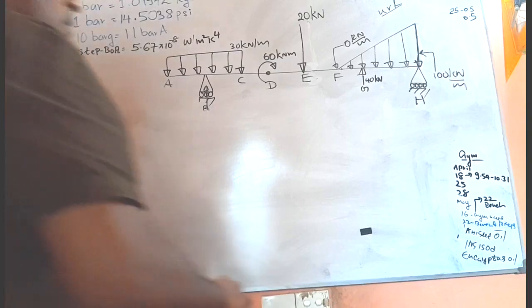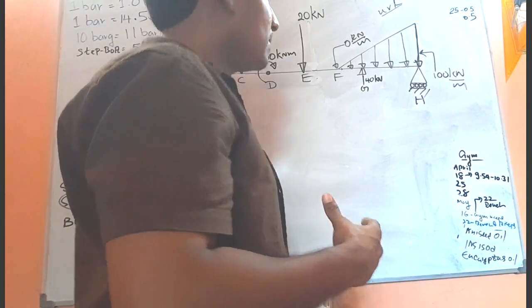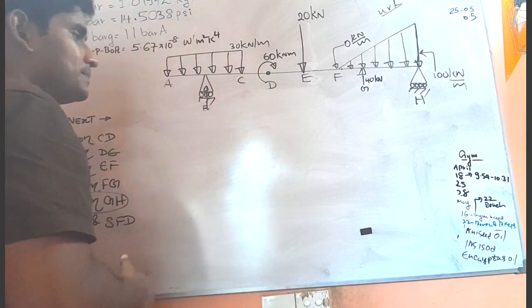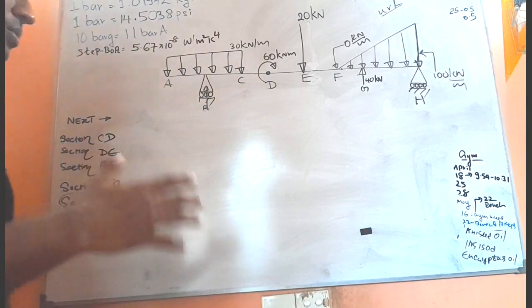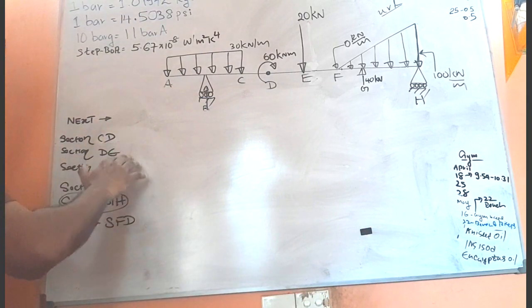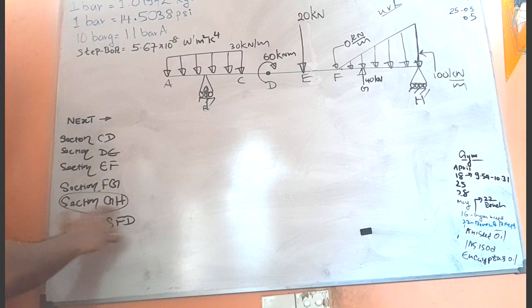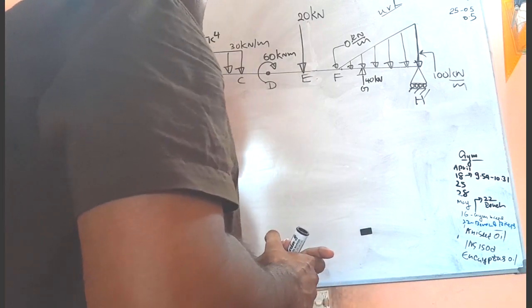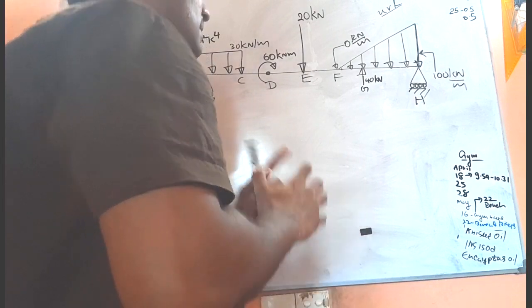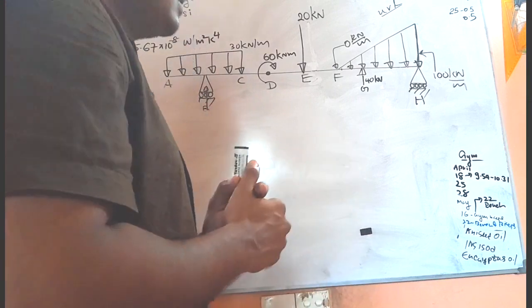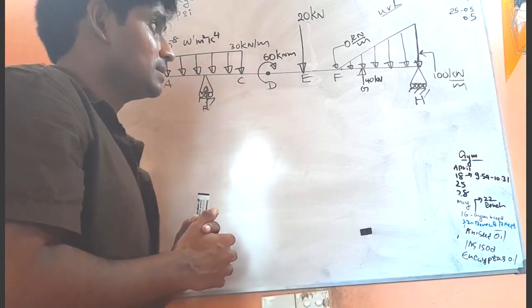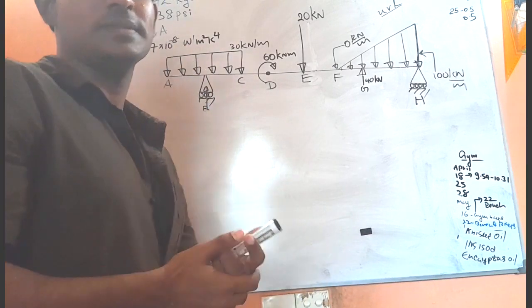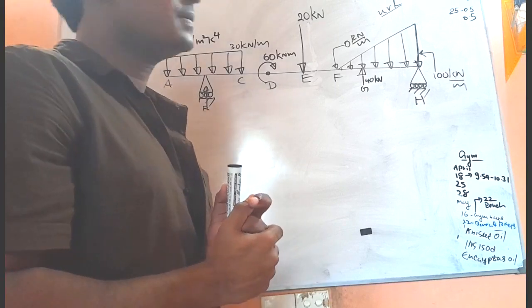Yeah. Okay, right. So now again we have to continue with the sections, right? We have to do the calculations for section CD, DE, EF, FG and GH. Now it doesn't matter, I will consider a different section, and not only different, I will consider the most difficult section for you to evaluate, right?